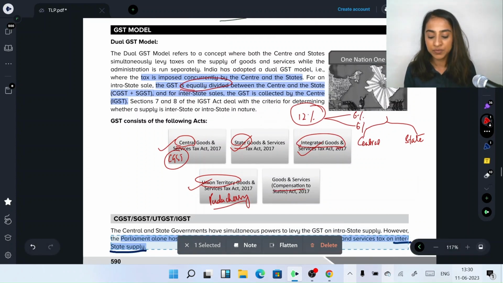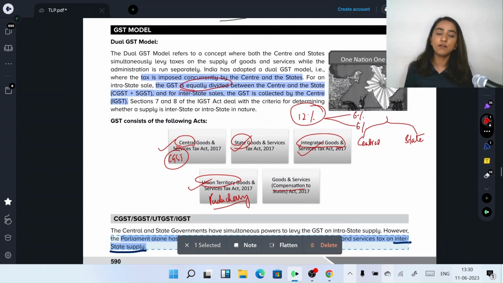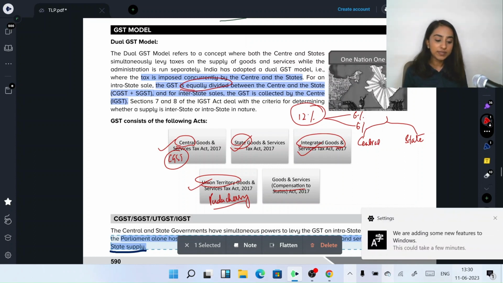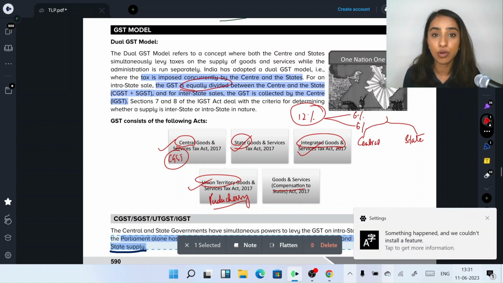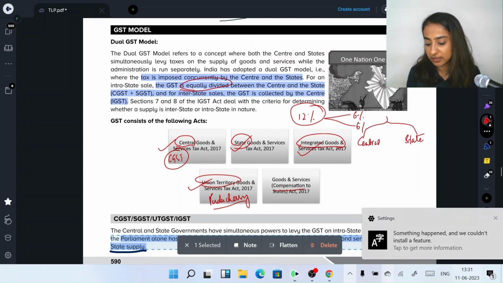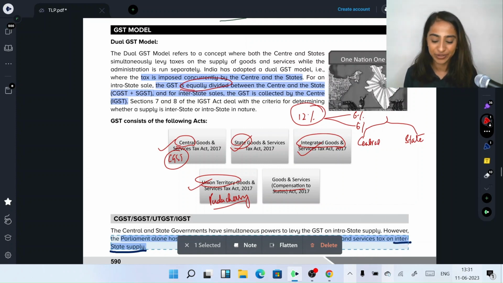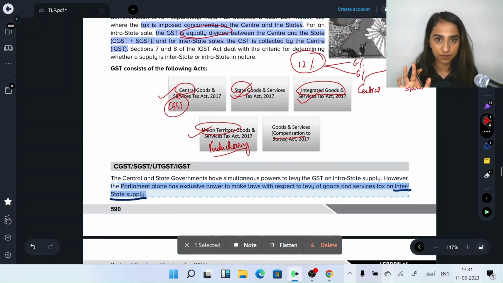One more is the Compensation to States Act, which talks about the compensation to be paid to the respective states, in what manner, how much, for how many years, and who's going to do the audit. We will study that in detail a little further in the chapter. So these are the 5 acts.